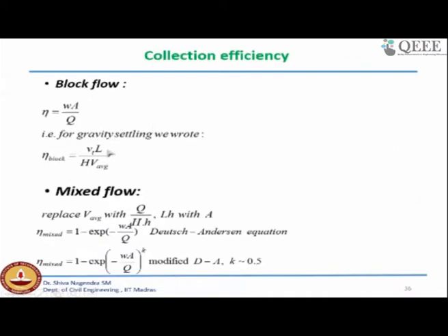Again, there are two equations generally used, for plug flow and mixed flow. The Deutsch-Anderson equation is used for calculating the efficiency. W is the drift velocity, A is the plate area, Q is the flow rate. So you can find out the efficiency.